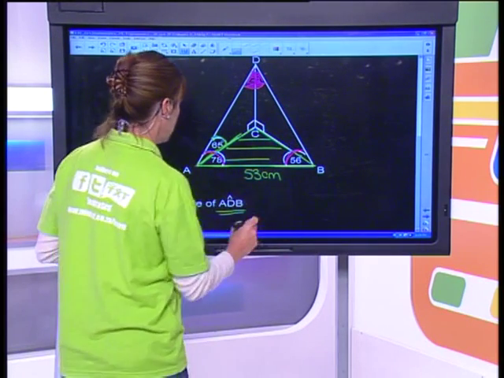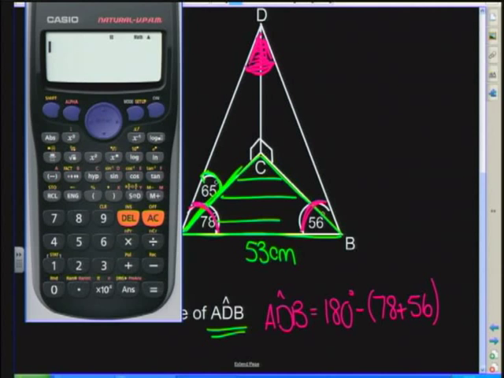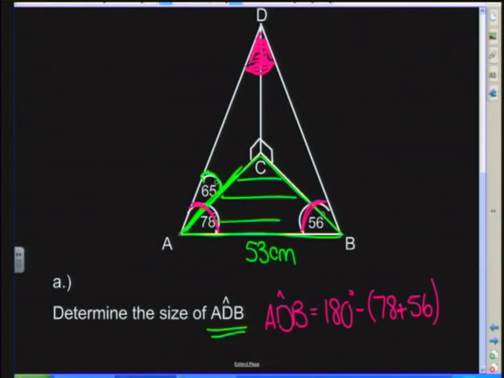So therefore angle ADB is equal to 180 minus the two angles that we have, which are 78 and 56. Let's work that out quickly. So we've got 180 minus my 78 plus my 56, and that gets us to 46. So that's the size of that angle over there, 46 degrees.